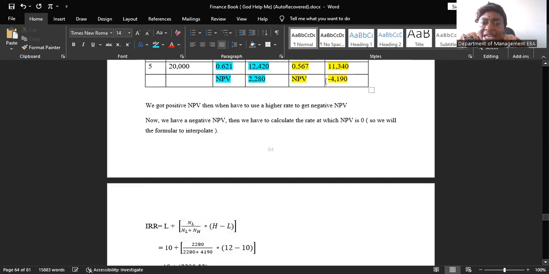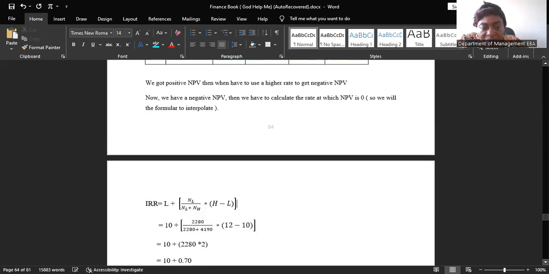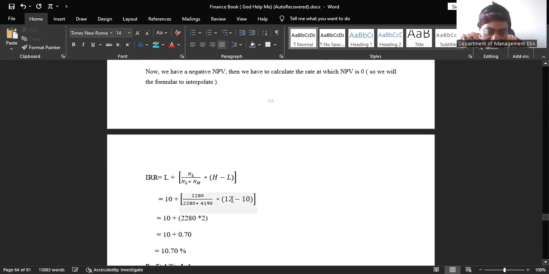But the NPV for the highest rate of return is 4192. But multiplied by the highest rate of return you choose minus the least rate of return. So you multiply it with 10.70.